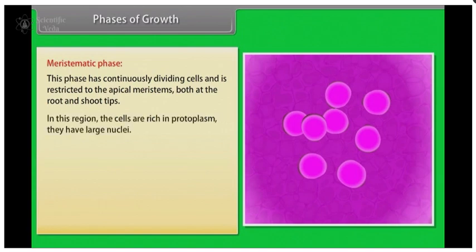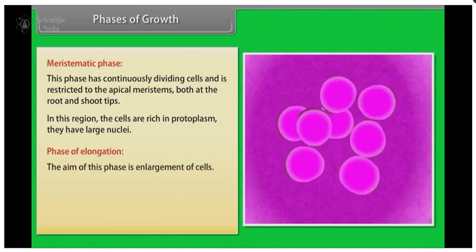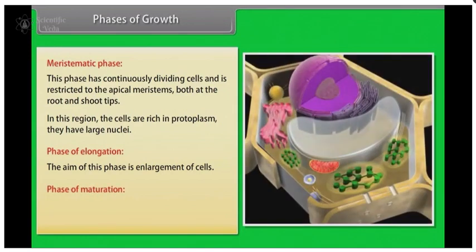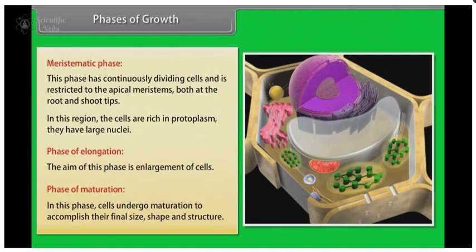In this region, the cells are rich in protoplasm. They have large nuclei. Phase of elongation. The aim of this phase is enlargement of cells. Phase of maturation. In this phase, cells undergo maturation to attain their final size, shape, and structure.